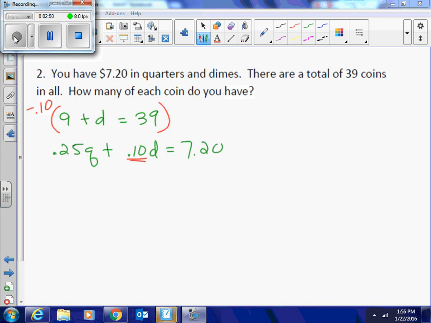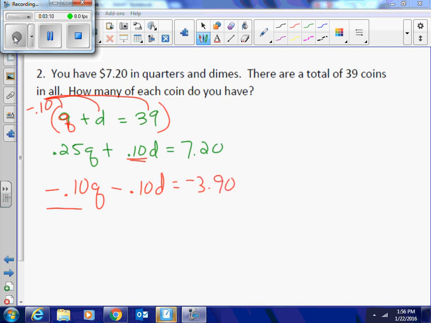When I distribute that -10 to every term, I get, that is a Q by the way, -0.10Q minus 0.10D, and that equals -390.